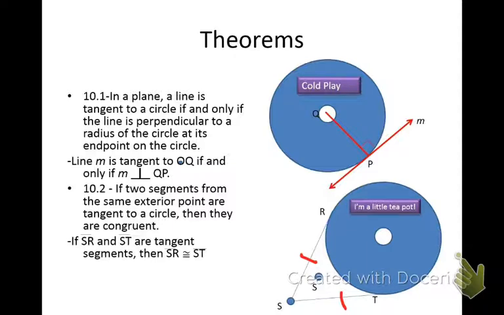Those two tangents from the same point are going to be congruent. Then you can use the other S. We move S in, we draw the tangents. Those lines are still going to be congruent. They're not congruent to the original lines, but they're congruent to each other. Questions? Okay.